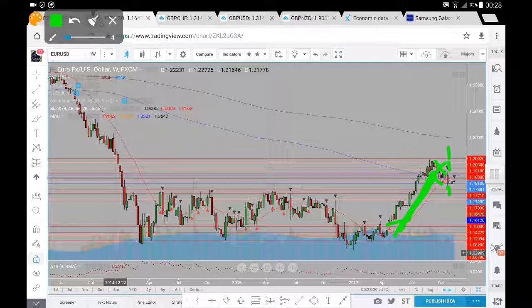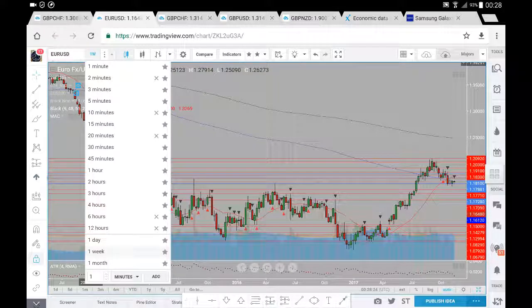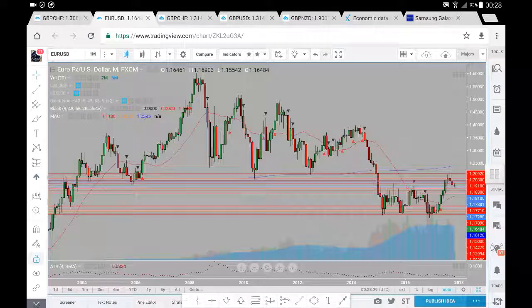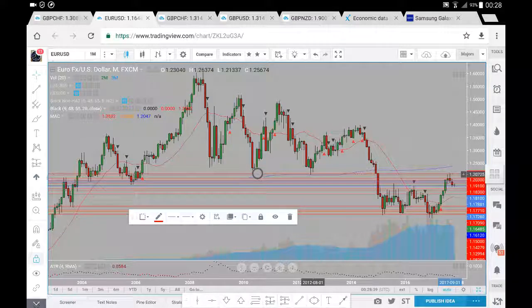So we're just going to have a look at the monthly before wrapping up. So let's go over to the monthly chart. So here on this monthly chart, we've pretty much turned around from previous swing lows in the market.